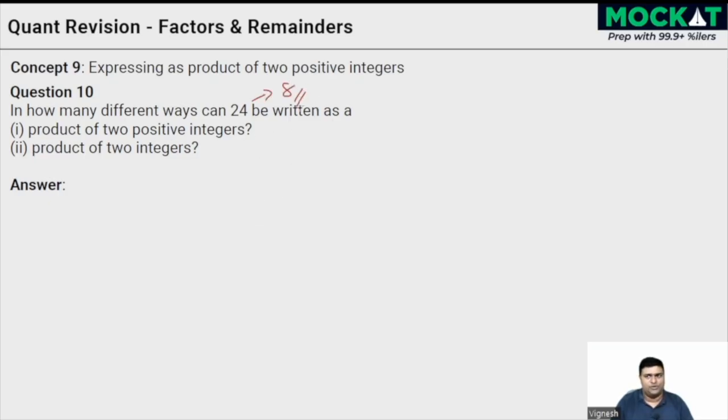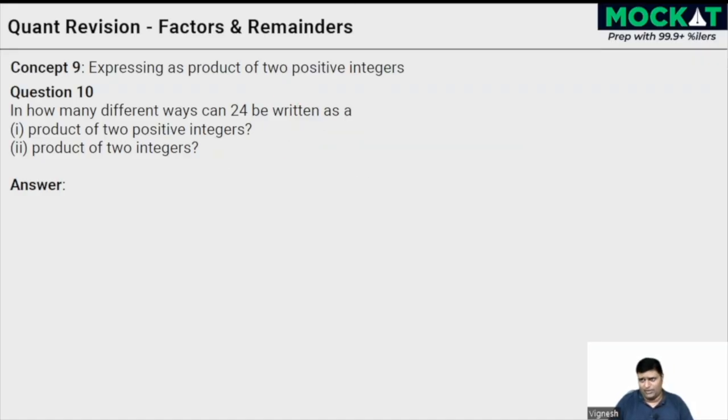Number of ways you can write it as a product of two positive integers is 8 by 2, number of factors by 2, which is 4. For product of two integers, not only positive, instead of directly writing the number of factors formula, take the positive value you got and multiply by 2, which is 8. So 4 and 8 are the answers for these two.